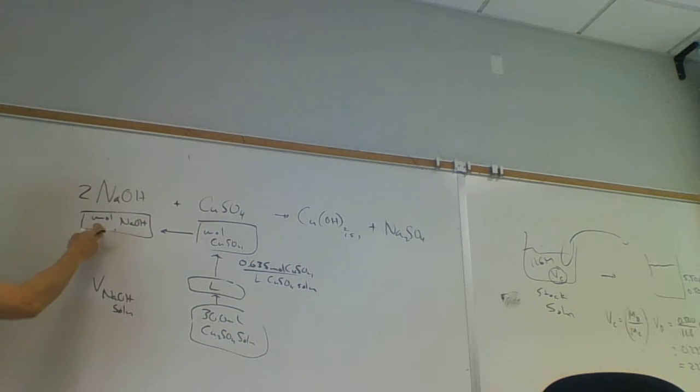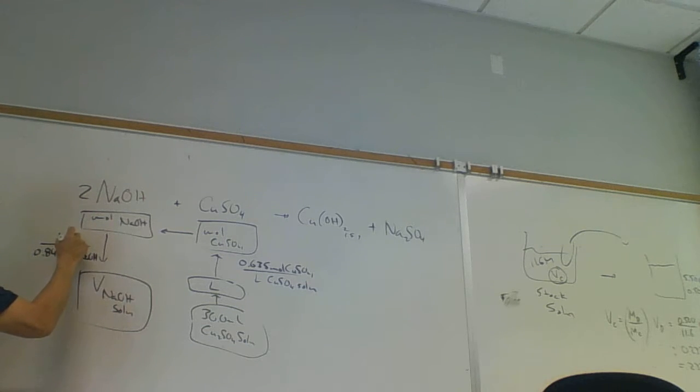And then if we have moles of sodium hydroxide, well, that's a solution too. We could go straight to volume here. That is, we can go from moles to liters if we know the molarity. And we do know the molarity. I'm going to flip over the molarity. 1 liter contains 0.842 moles of pure sodium hydroxide.